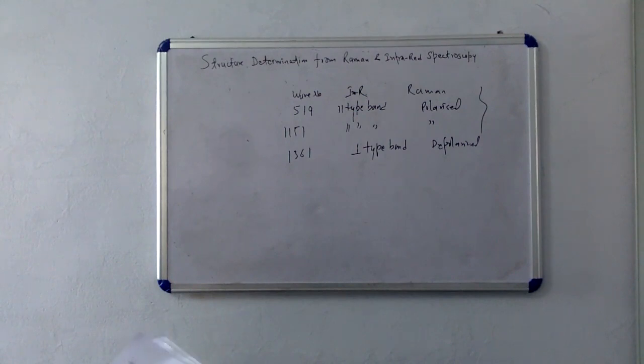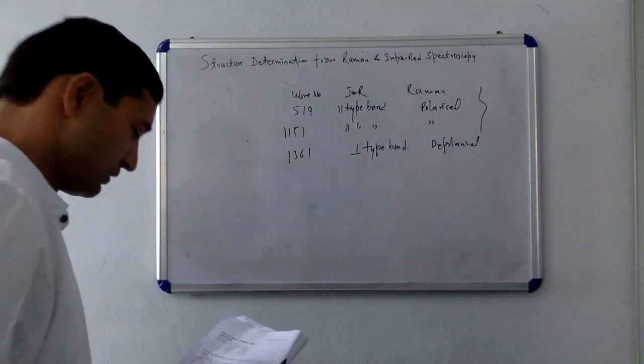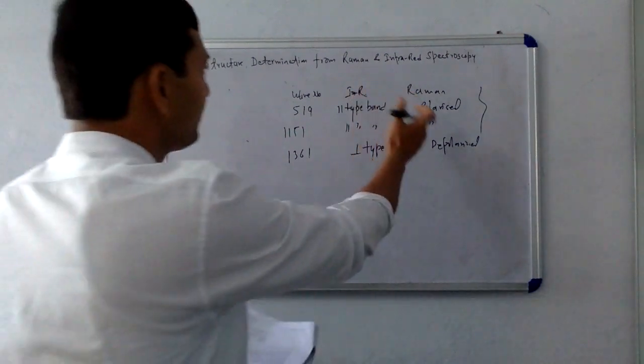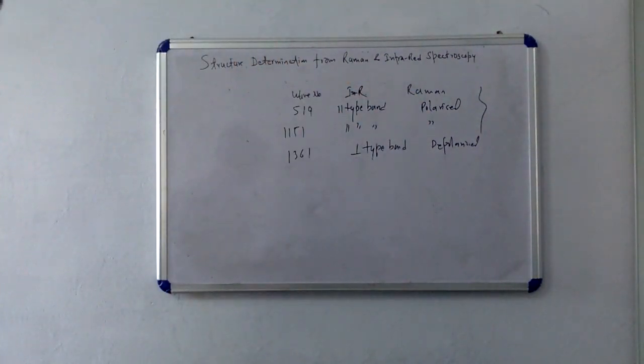So immediately we could say, because we are getting these bands in both the Raman and the IR, that it is not a linear molecule, not a centrosymmetric molecule, since all three fundamentals are Raman and infrared active. In the infrared, all three bands show very complicated rotational fine structure, and it is evident that the molecule is non-linear.